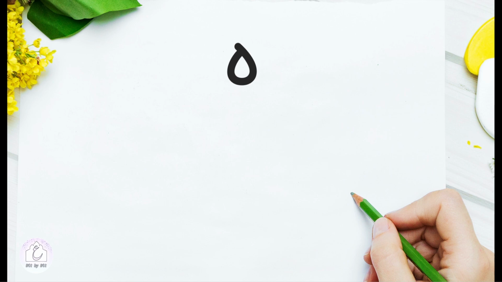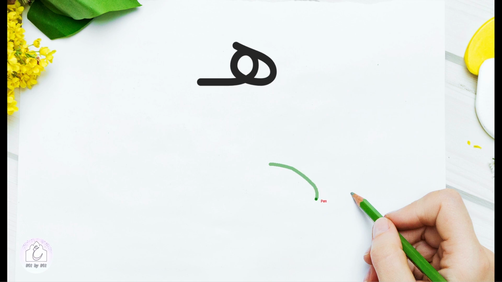In the initial position, ha has a completely different shape. It looks like a loop inside a curve. We start with a curved line moving clockwise.